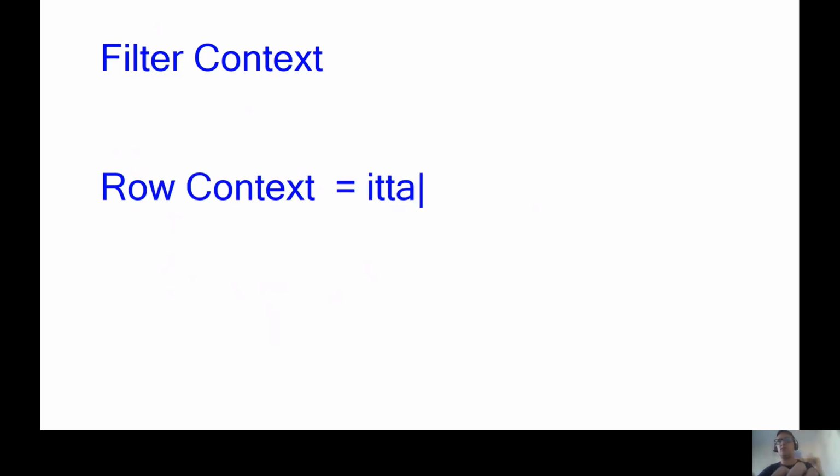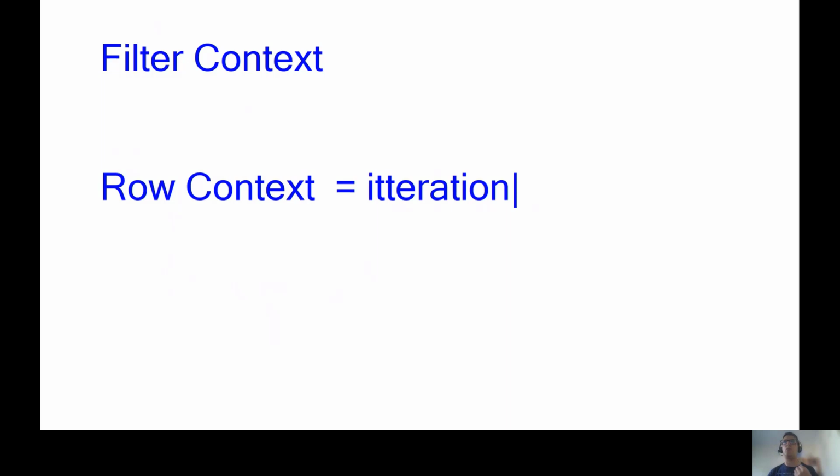So your DAX statement is evaluated within the filter context, and the other context is the row context. And this is basically an iterative context. Sorry, spelling is terrible there. So that basically iterates through every single row within a table and returns a value.